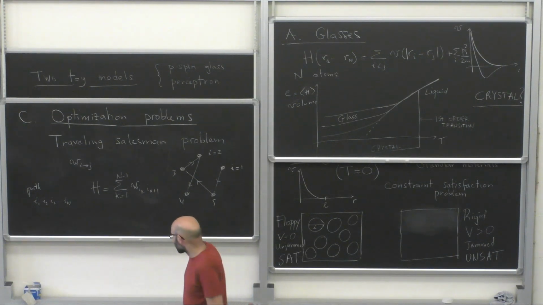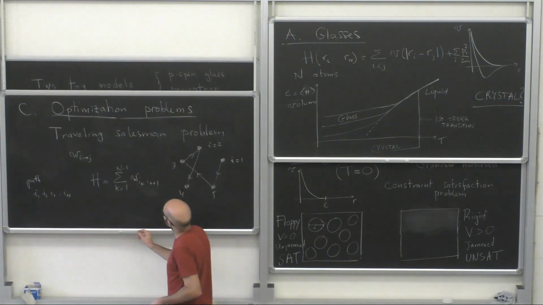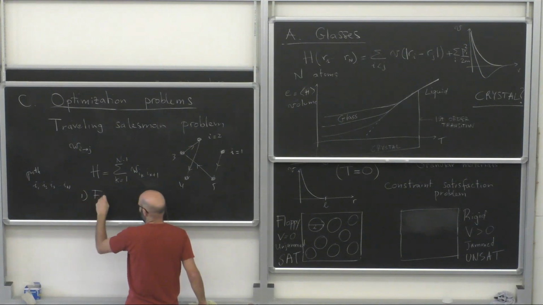And well, you can ask questions. I mean, there are questions that are typically studied in computer science, which are, well, the first one is, can I find the ground state?